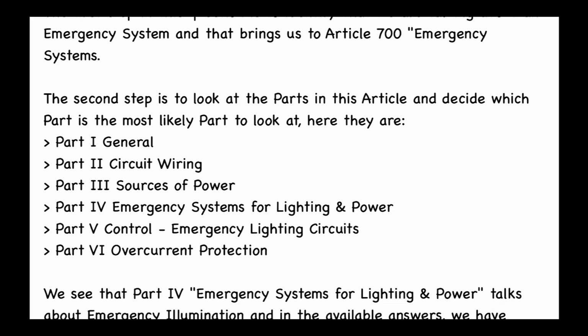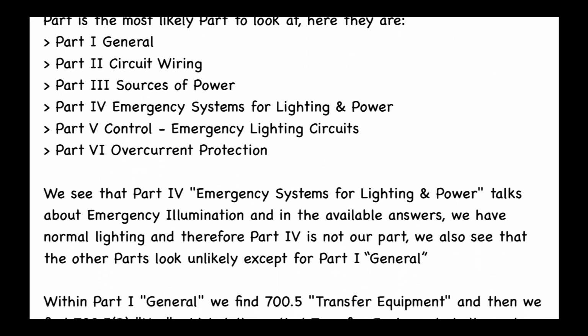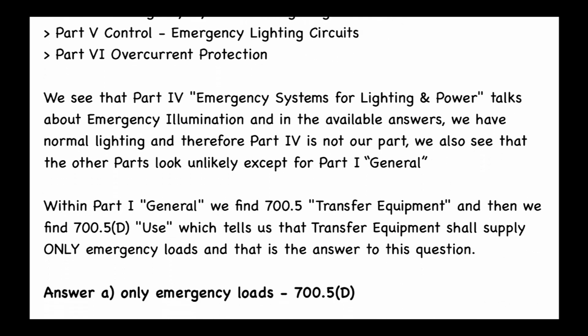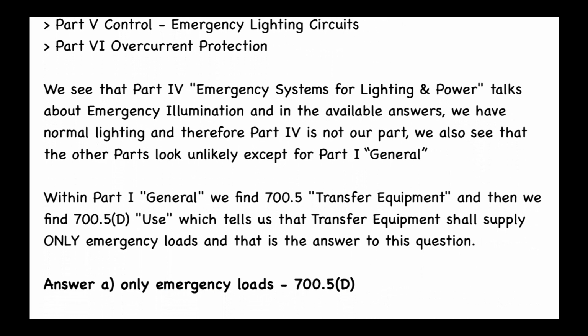We see that Part 4, Emergency Systems for Lighting and Power, talks about emergency illumination, and in the available answers we have normal lighting, and therefore Part 4 is not our part. We also see that the other parts look unlikely except for Part 1, General. Within Part 1, General, we find 700.5, called Transfer Equipment.